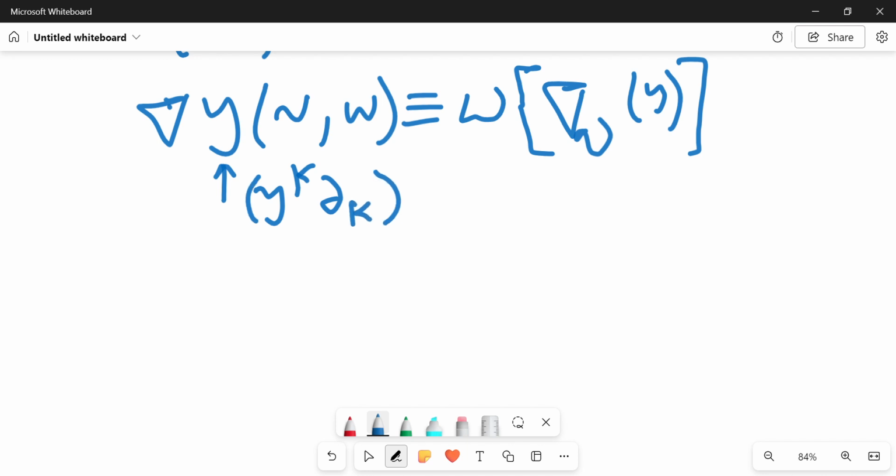As we said, y^0 d_0 plus summing of four terms. We have y^1 d_1. What does it mean, d_1? It means d over dx^1 or d over dx. This is the basis vector, like in the x direction. It will take you in the direction of x, d_2 in the direction of y, and so on.